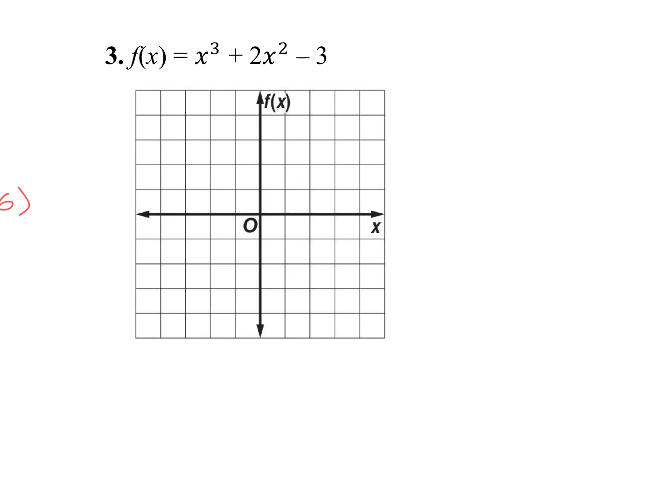All right, so this graph, I'm just going to click on some key points so I know how to graph it. I know that the graph goes through here. It goes through this point.